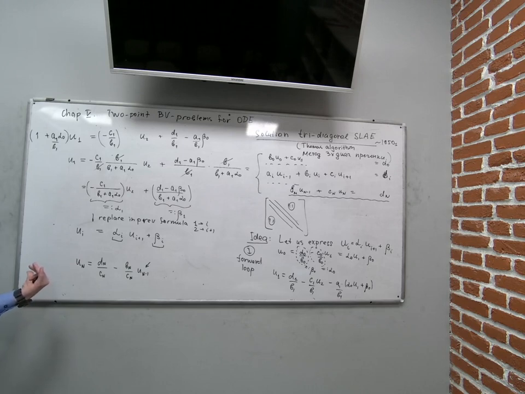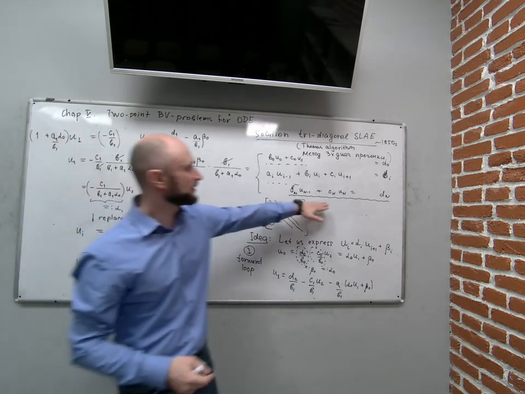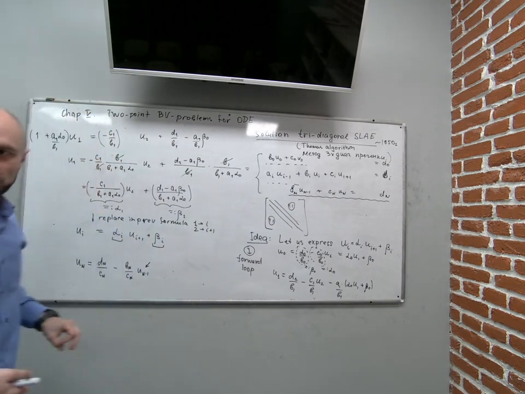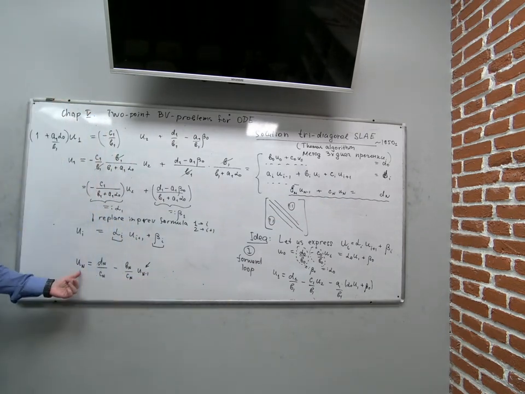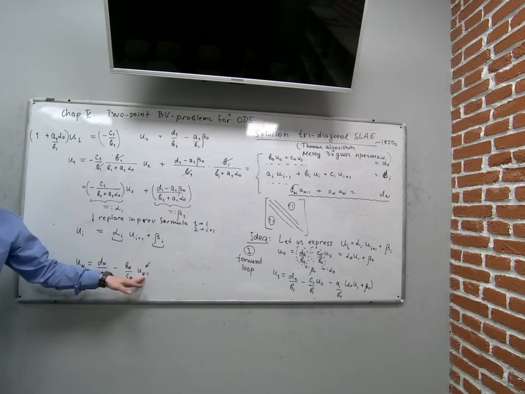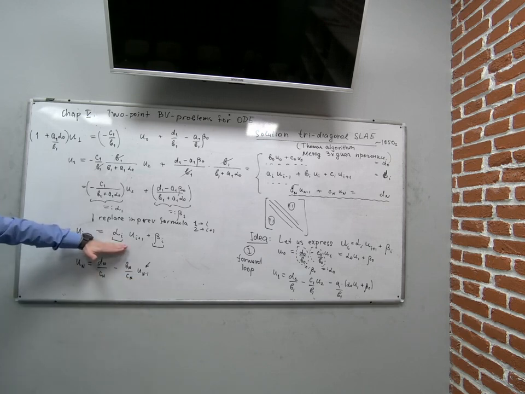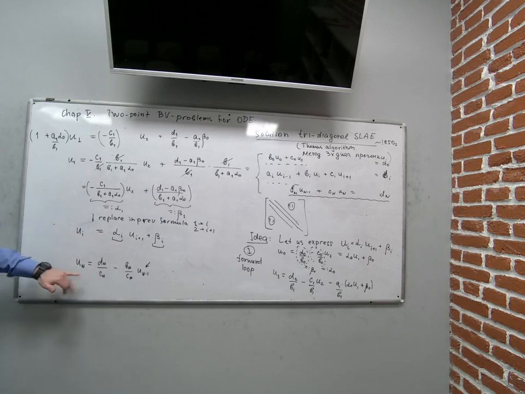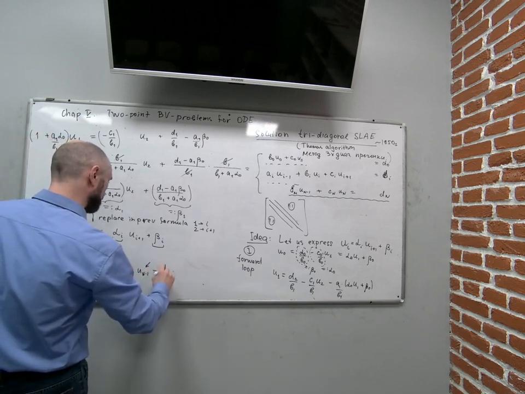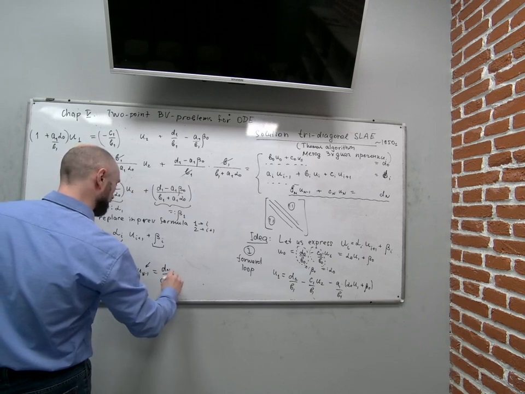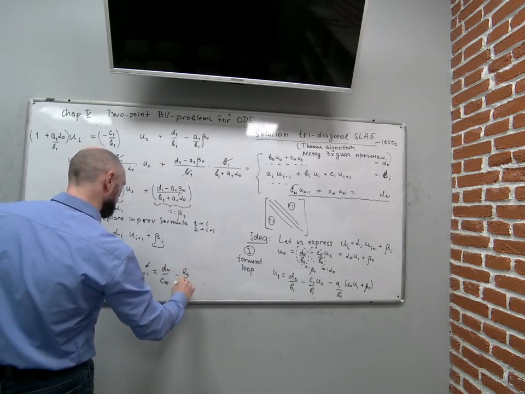Do you follow? I expressed un from this last equation of the system, right? And I see that un depends on the previous unknown. But we have developed a new formula during our forward path: a formula for un minus 1 through un. Okay. We can use this formula now. dn by cn minus bn by cn.